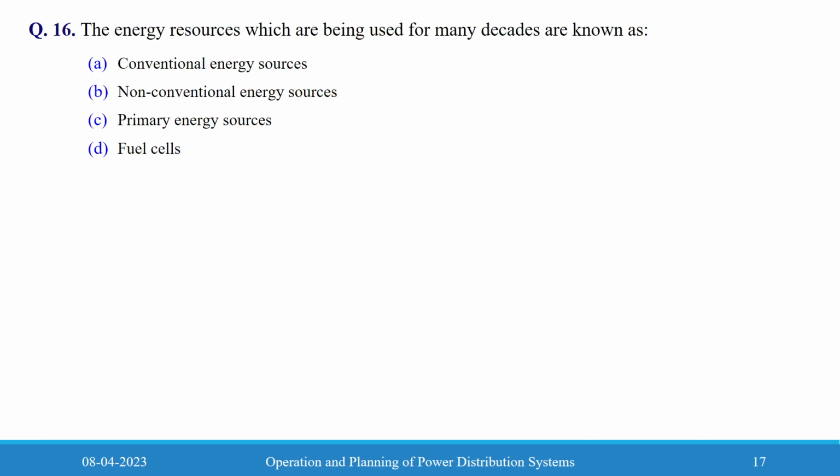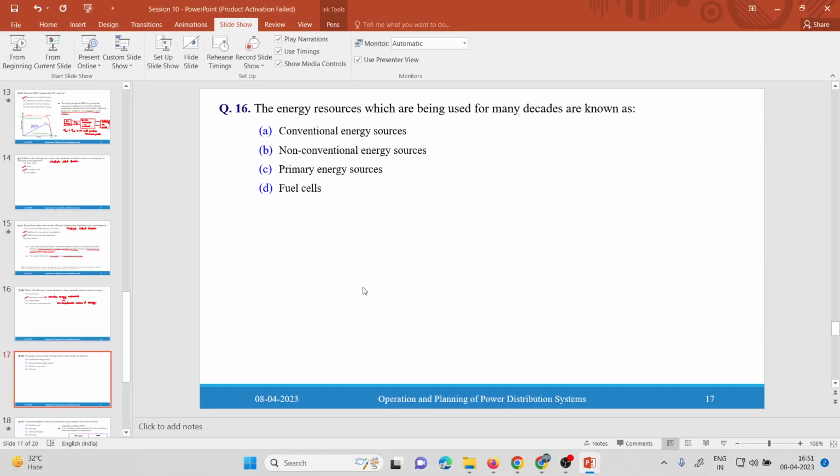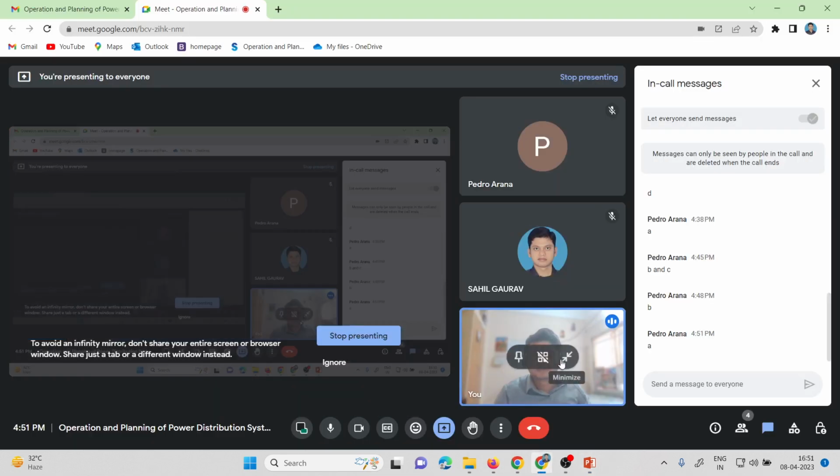The next problem is: energy resources which have been used for many decades are known as. A, conventional energy sources; B, non-conventional energy sources; C, primary energy sources; D, fuel cells. Give your answer in the chat box. Yes, it is correct.